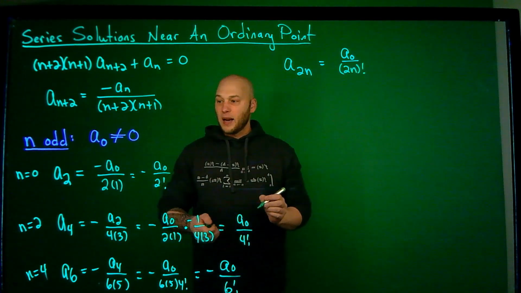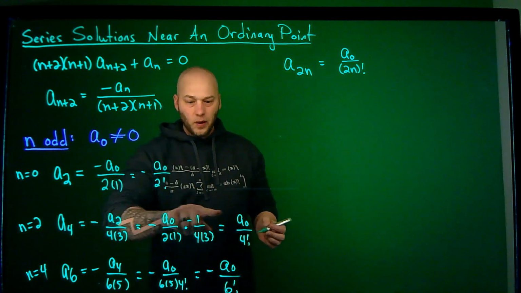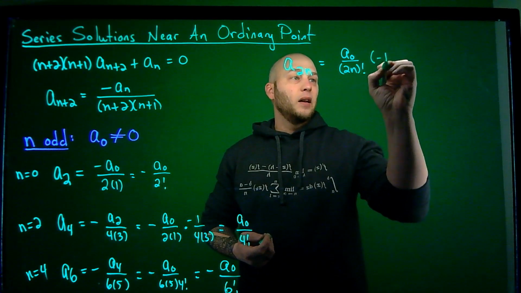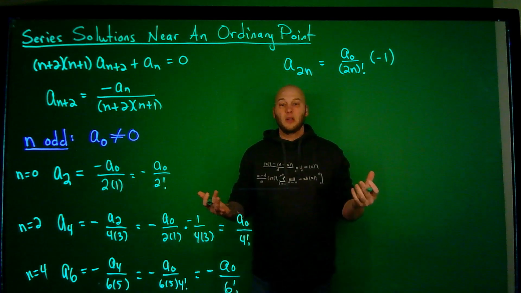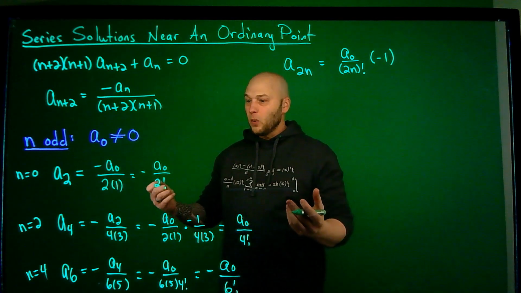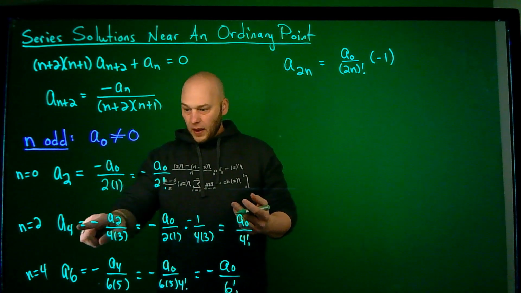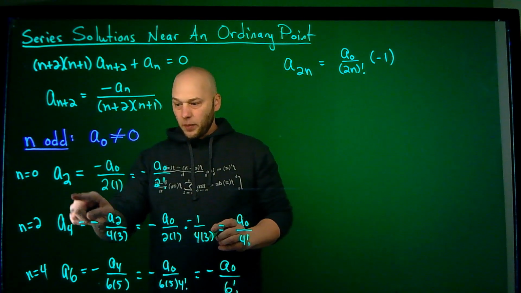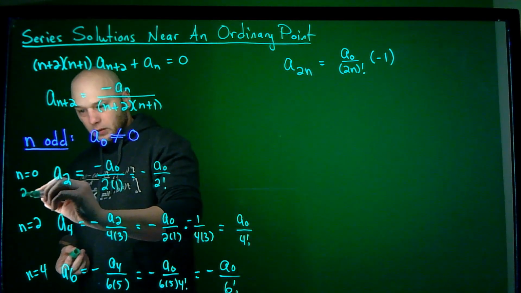Also notice that I have an alternating pattern for positive and negative. Negative, positive, negative. So I'm going to have a factor of negative 1, but that's going to be to an exponent. Let's see if we can figure out what that exponent is going to be. Well, in the case for A2, it was negative. A4, it was positive. Now let's look at the subscripts here. The subscript on this is 2 times 1.